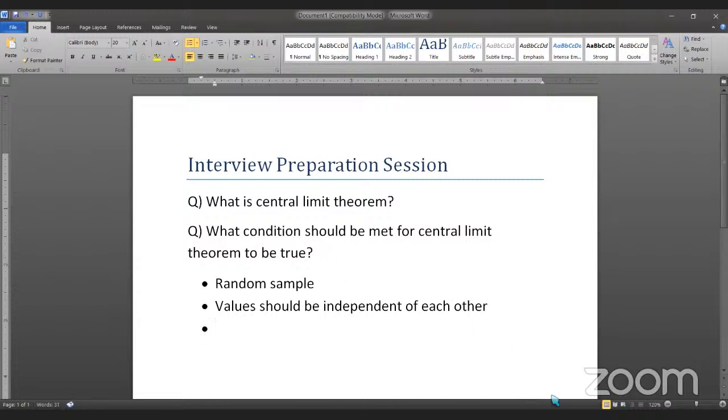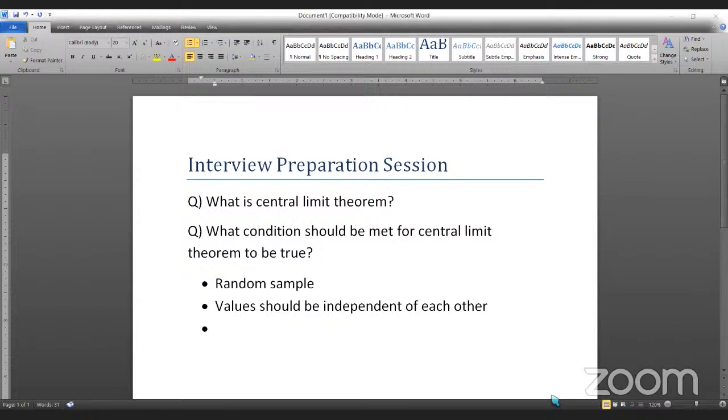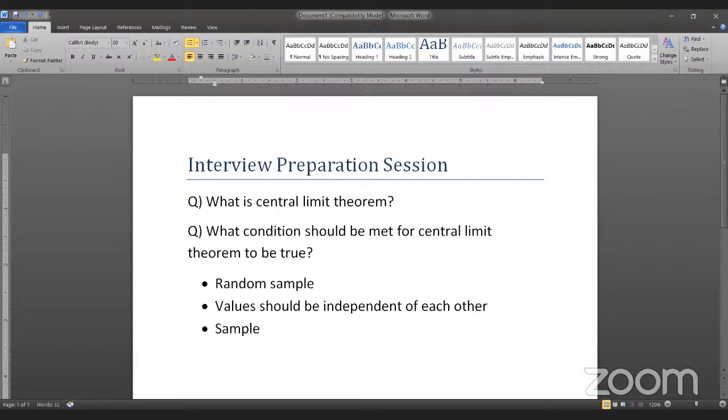And third is sample size should be large. Generally, we take it as greater than 30.